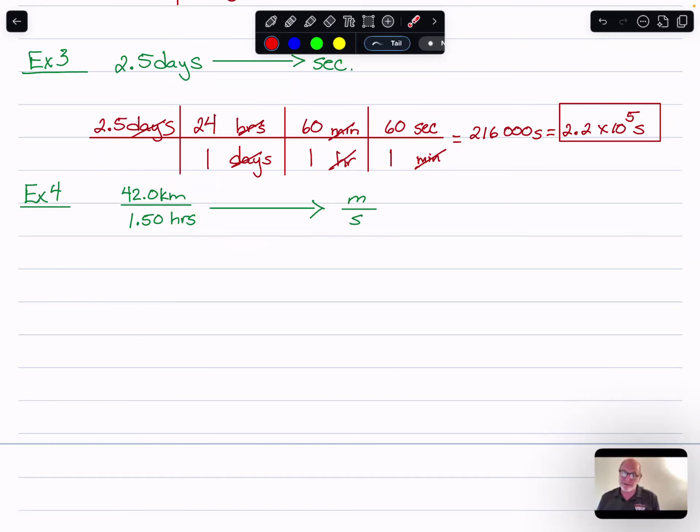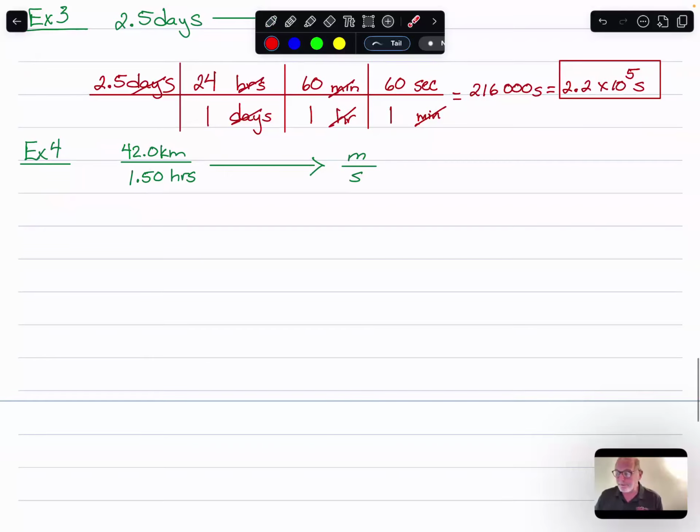This should take us several steps. So bring the whole problem down. Don't separate this into two problems. Let's keep it as one problem. 42 kilometers per 1.50.